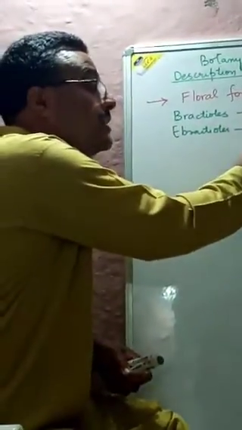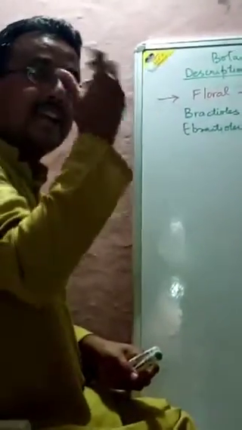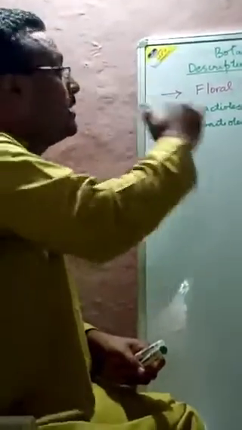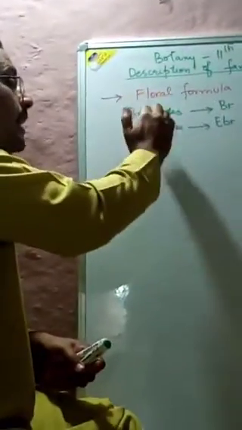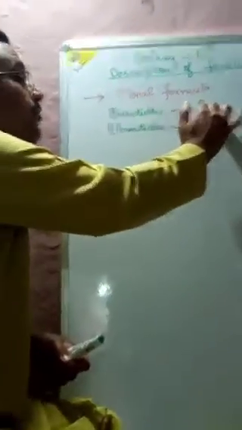Sometimes we see that in the floral formula neither do we write this BR, nor this EBR. That we take for granted: if we do not write bracteole or BR in the floral formula, that means bracteoles are absent.